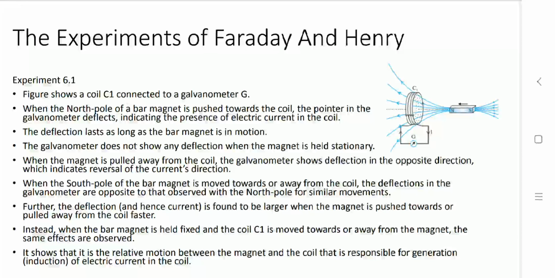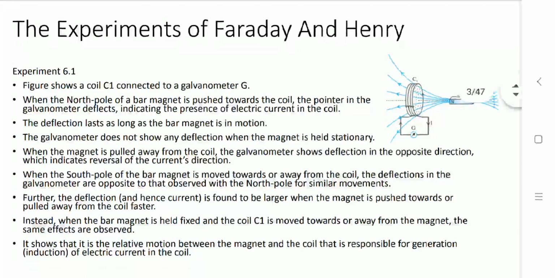Under this topic, we will go through 3 different experiments. In the first, we take one coil, denoted in the diagram as C1, and a bar magnet. The coil is connected with a galvanometer to verify whether current is generated or not.